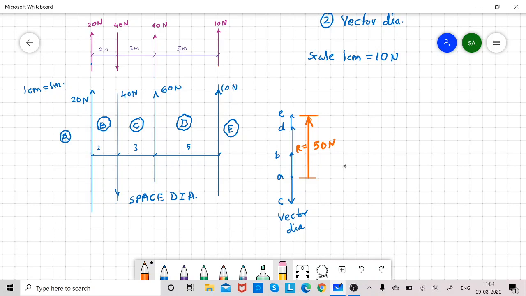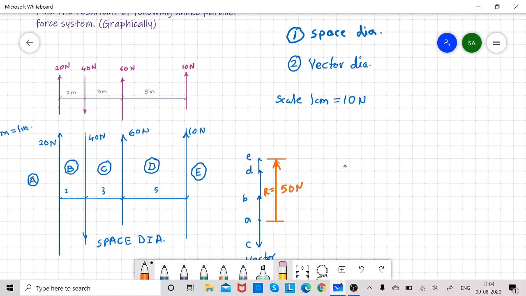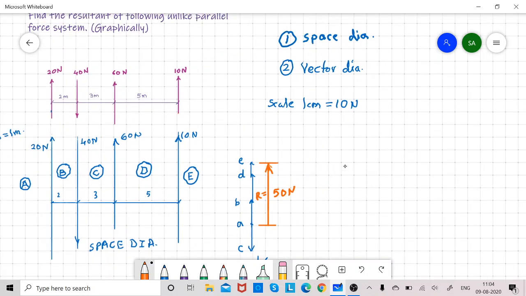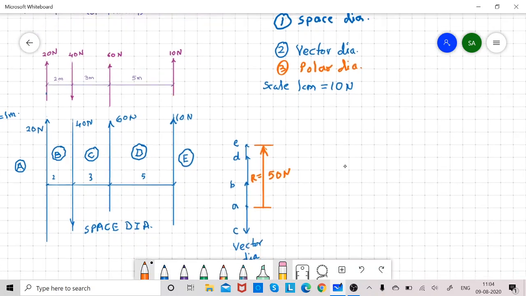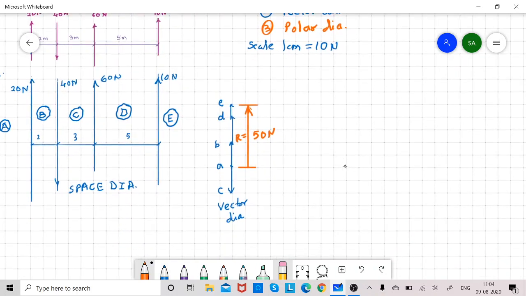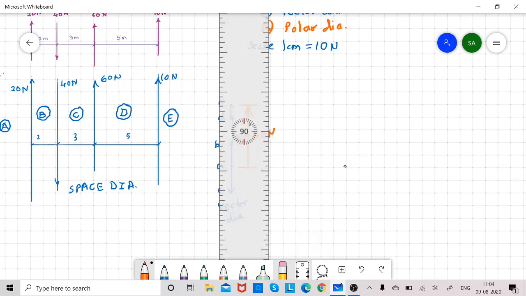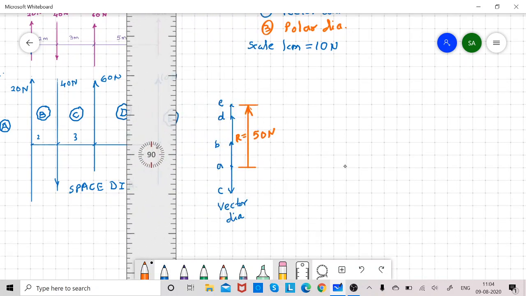For that we will have to follow the next step, the third step, which is to draw a polar diagram. What is a polar diagram? Let us see. For that, again draw this vector diagram as it is. So I am drawing the vector diagram as it is.